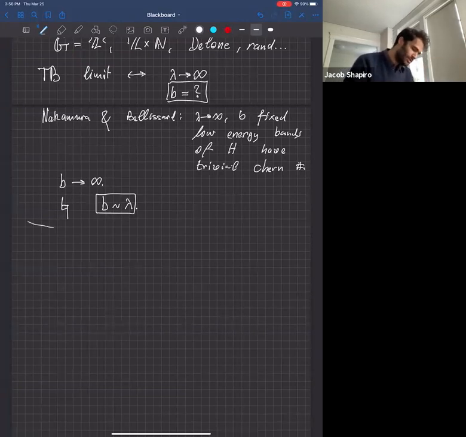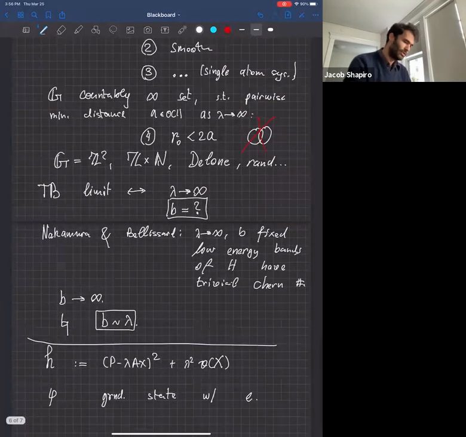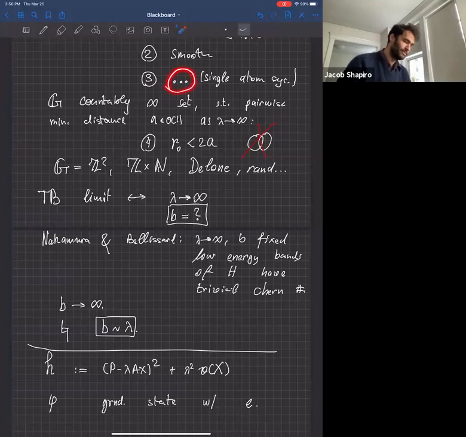And so let me just briefly speak about the single atom. It has a kinetic energy and just one potential. Let me call phi the ground state, the state of lowest energy, with energy E. Now I can tell you what are these dots that I asked for here.